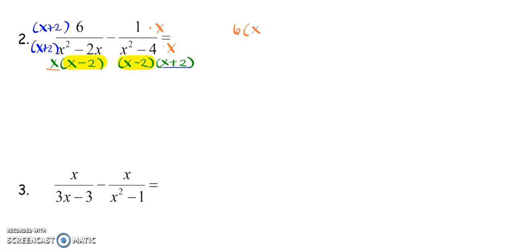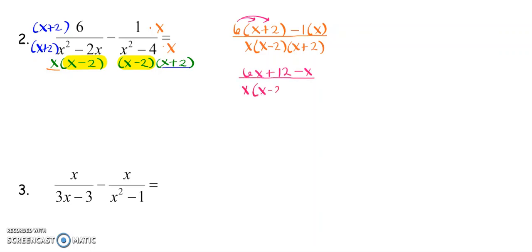So we have 6 times x plus 2 minus 1 times x over x times x minus 2 times x plus 2. So let's start simplifying in that numerator. So if we distribute the 6, we have 6x plus 12 minus x over x times x minus 2 times x plus 2.